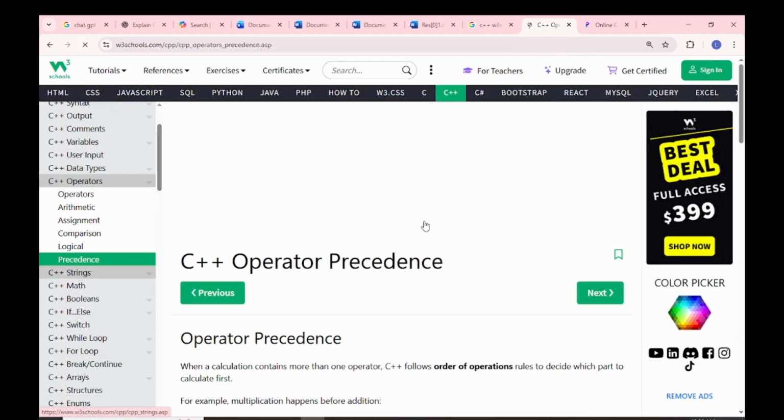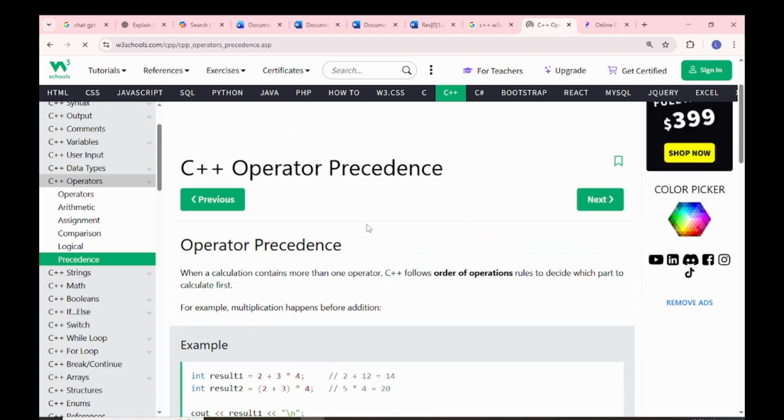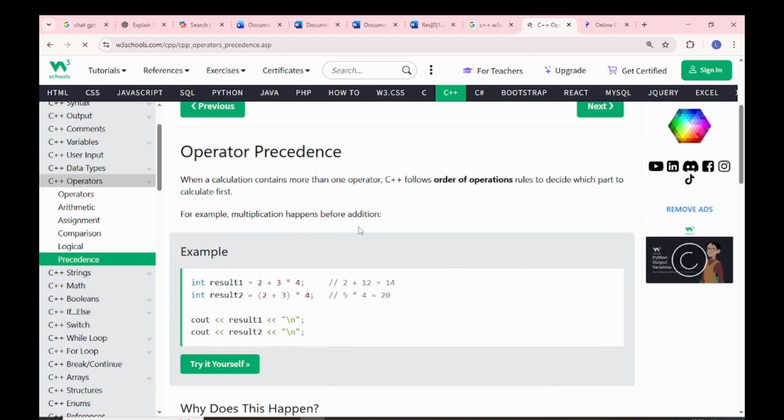And now we have precedence, C++ operator precedence. When a calculation contains more than one operator, C++ follows order of operations rules to decide which part to calculate first. For example, multiplication happens before addition.